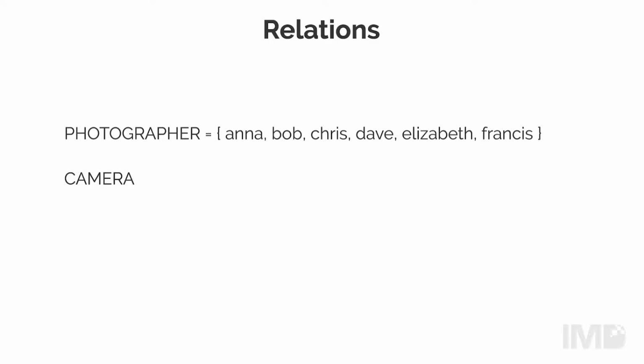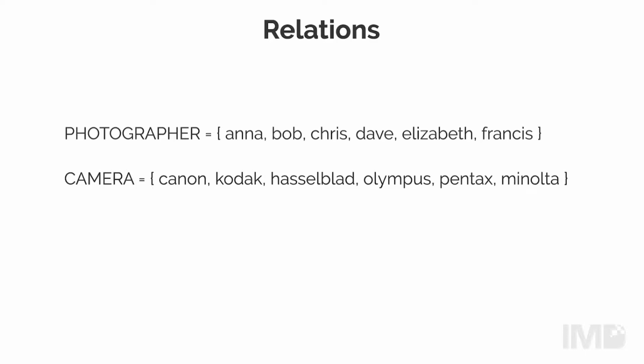And the set of cameras is represented with the set camera, which is equal to the set Canon, Kodak, Hasselblad, Olympus, Pentax, and Minolta. A relation between these two sets, then, could represent ownership. For example, if the pair Anna and Canon is in the relationship, this could mean that Anna owns a Canon camera.